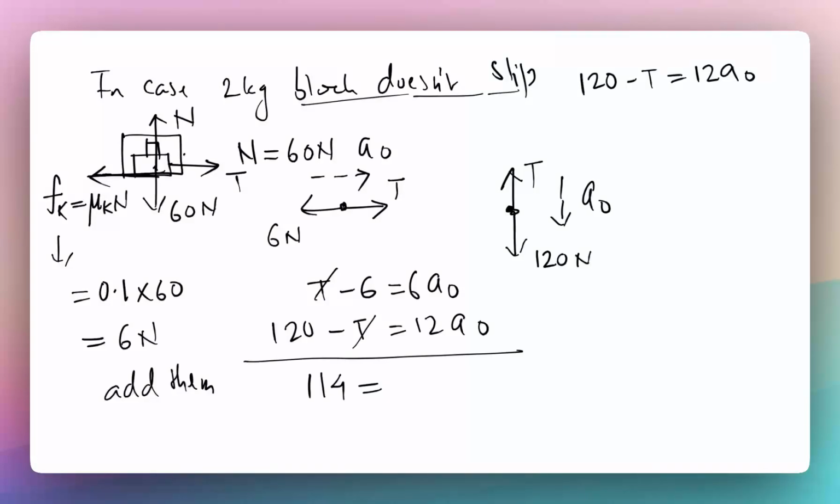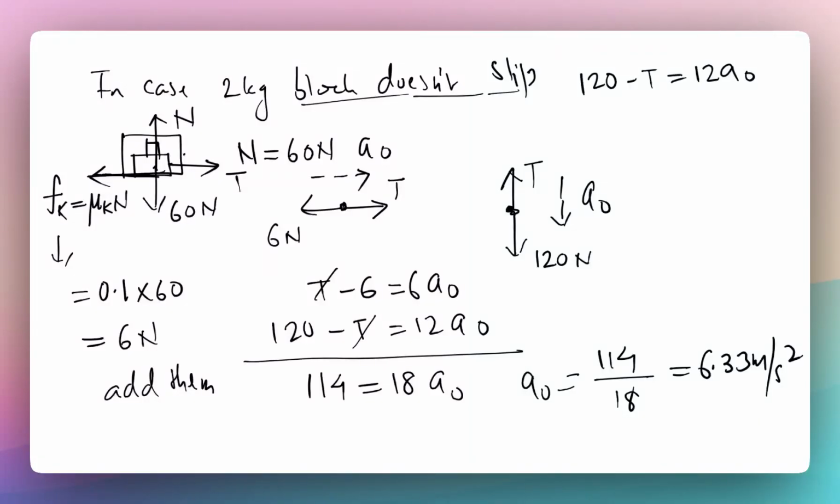And this will be 12 plus 6, 18 a naught. The acceleration is now 114 divided by 18, and that's going to be 6.33 meters per second squared.